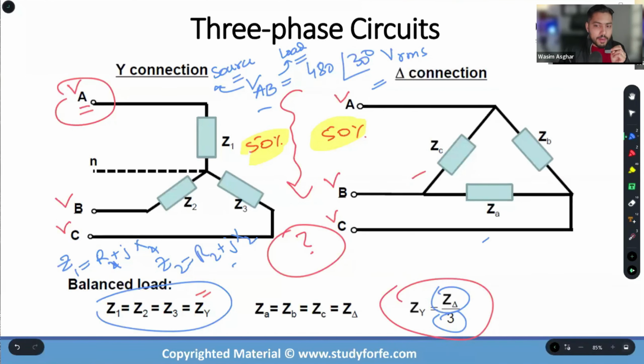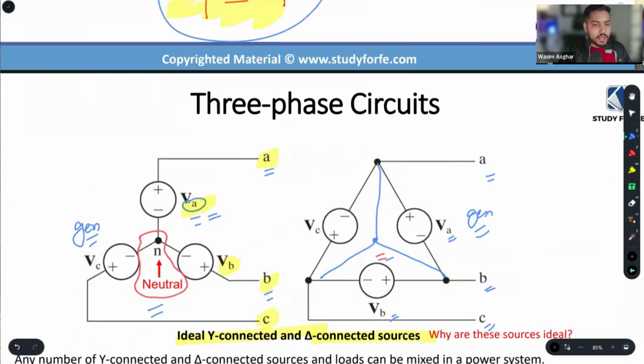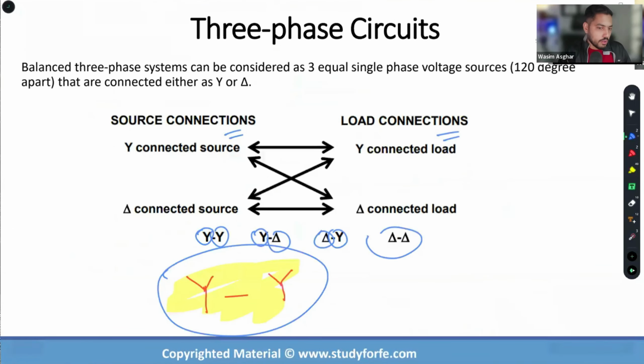If the load is not balanced, then we have to deploy an additional set of tools. Okay, for a balanced system, the modus operandi is that you bring the configuration, delta-Y, Y-delta, delta-delta, into YY. If it's already YY, you don't need to convert anything.